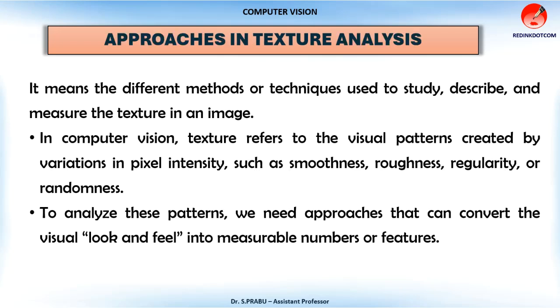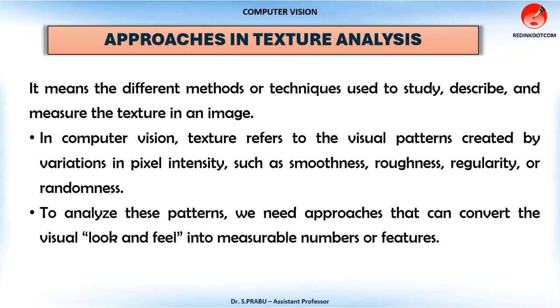And we should know the different approaches used in texture analysis. As we know, texture in an image refers to visual patterns formed by the variation in pixel intensity. But in computer vision, we cannot simply rely on how the image looks to our eyes. We need systematic ways to study, describe and measure these textures. That's why the different approaches in texture analysis come in.